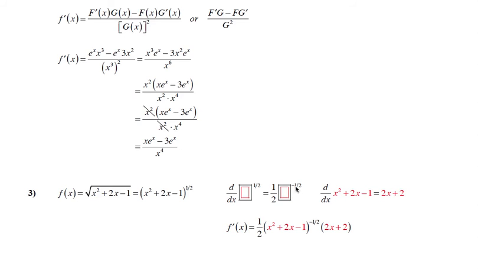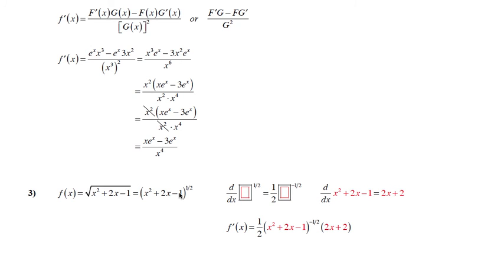In the text and possibly in the classwork packet, there's a substitution where you don't ignore this in the first step, or you call it u, and then you substitute u back in. And if that works good for you, then by all means do that. But now I've differentiated the outer function, and what I need to do now is differentiate what's inside.